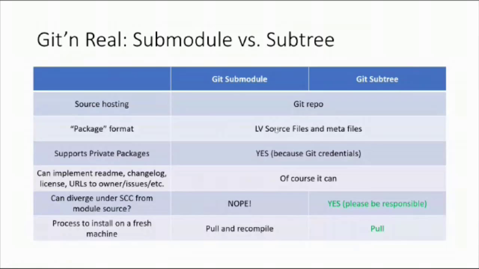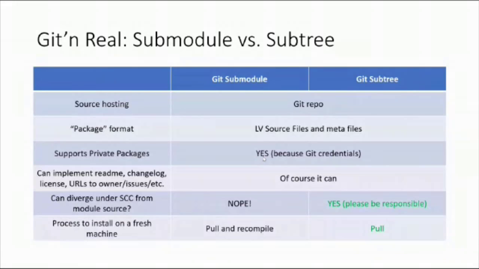So private packages, yeah, Compose Systems has loads of private repositories that only we can access because they're private repositories in our Bitbucket hosting. So if you can get to that repository, you personally, we want you to be able to follow this workflow to get that thing onto your disk and have it be installed and be working correctly. Of course it can implement these things.